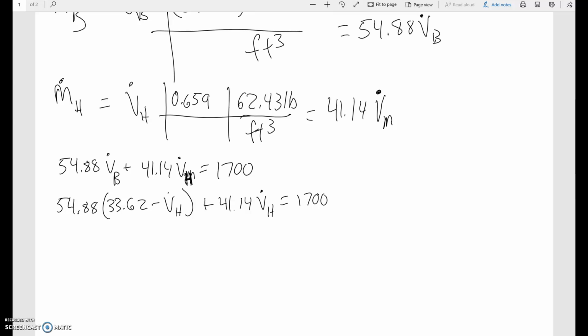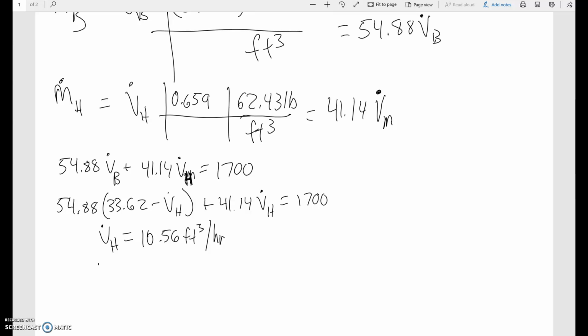Well, now I just have one equation with one unknown. And yeah, there's some math here, a little bit of algebra that you learned a number of years ago. And when you solve this, you get VH dot is equal to 10.56 cubic feet per hour. There's one of our unknowns, 10.56 cubic feet per hour.